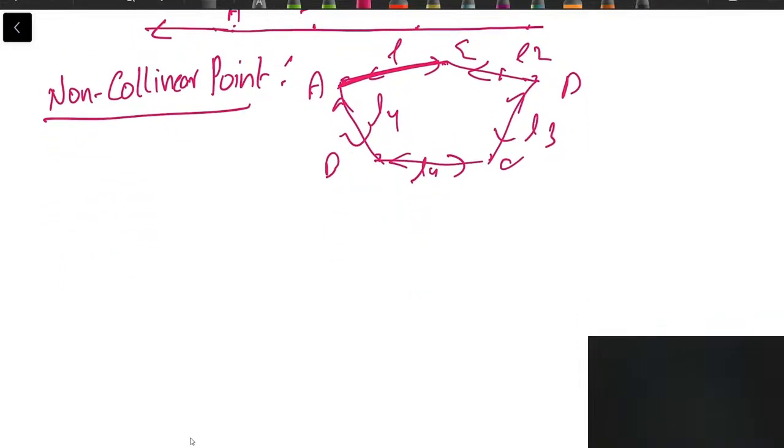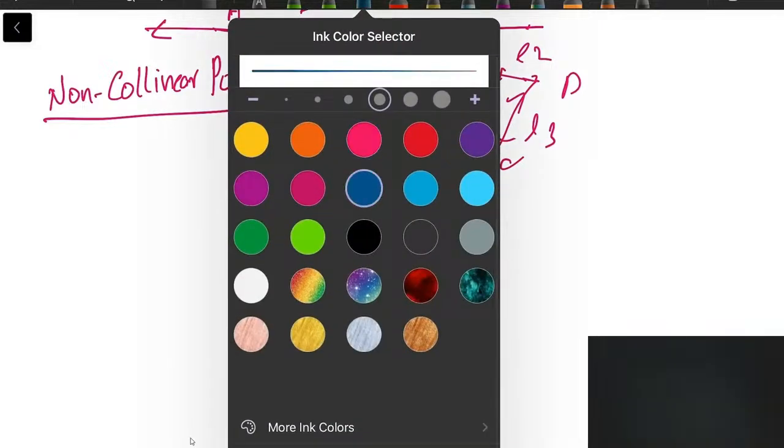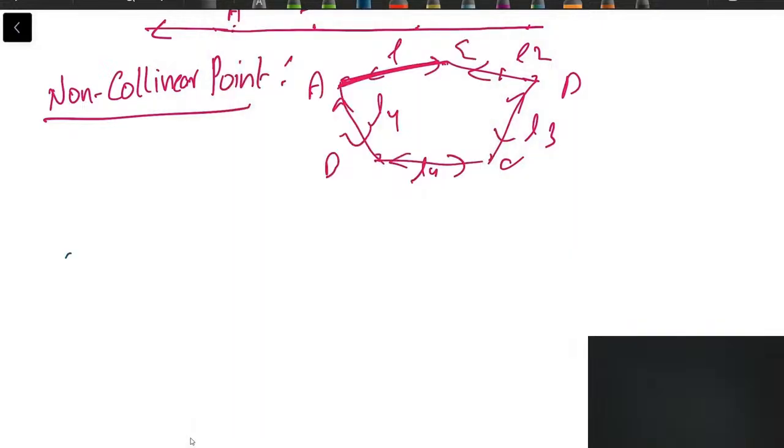Now we are going to discuss how many lines we can draw from points, the number of lines that can be drawn through non-collinear points. The point that we are going to discuss is very specific.